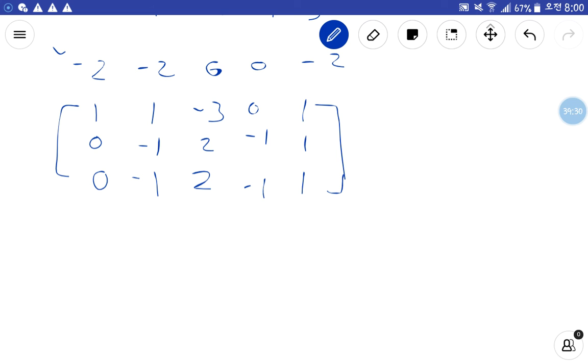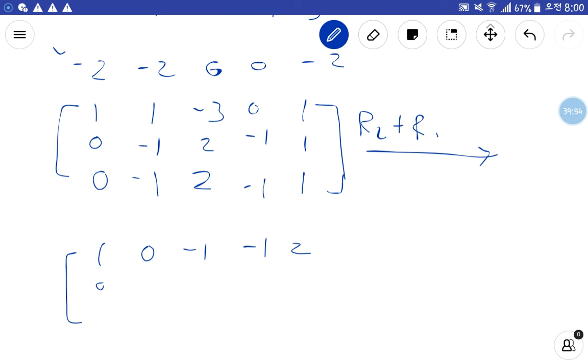If you add the second row into the first row, I can cancel my 1 out. So you would have 1, 0, -1, -1, 2. That's going to be your first row. Then 0, 1, 0, -1, -1, 2. Okay, looks good. Now keep everything down.